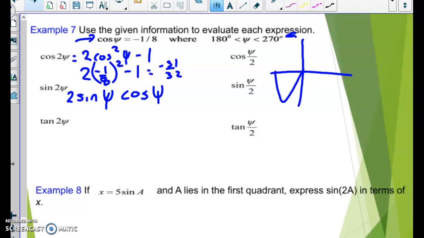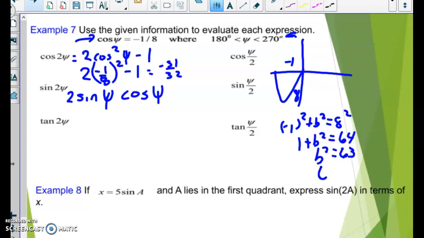And I know that my cosine is the adjacent over the hypotenuse. And if I simplify, I'm going to go negative 1 squared plus b squared equals 8 squared. 1 plus b squared equals 64. b squared equals 63. b must be 3√7.